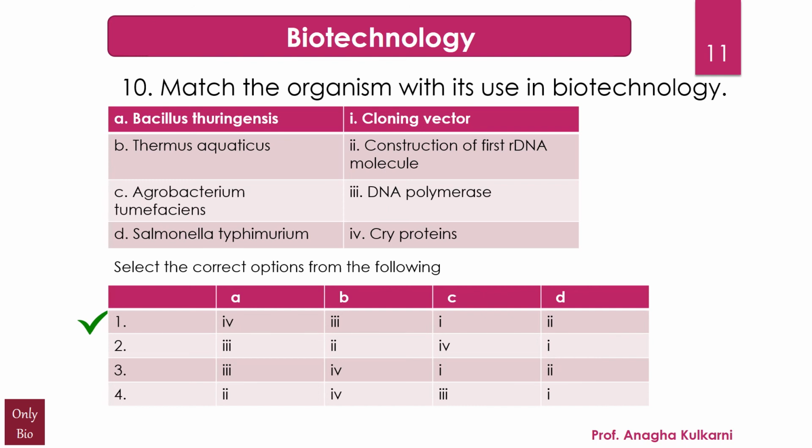Now let's know about Thermus aquaticus, option B. It is a species of bacteria that can tolerate high temperature, one of the several thermophilic bacteria which belong to the Deinococcus-Thermus group. It is a source of the heat-resistant enzyme called Taq DNA polymerase, one of the most important enzymes in molecular biology because of its use in the PCR amplification technique.